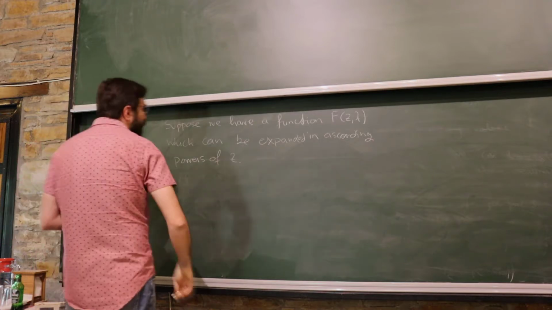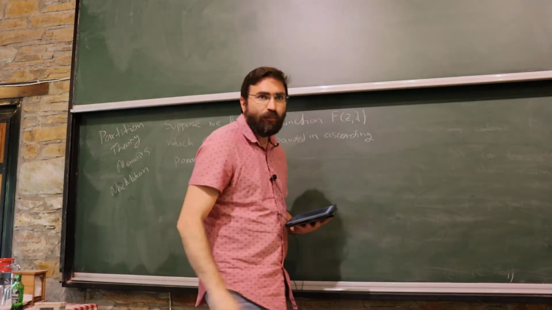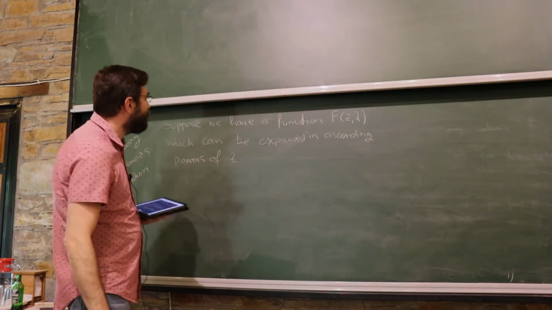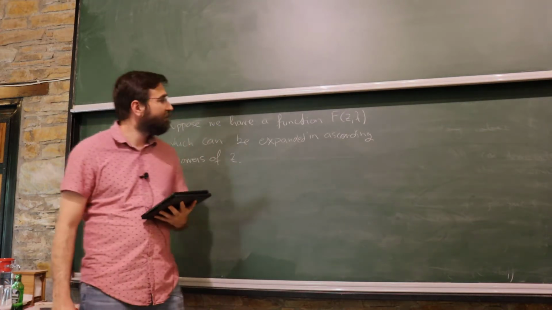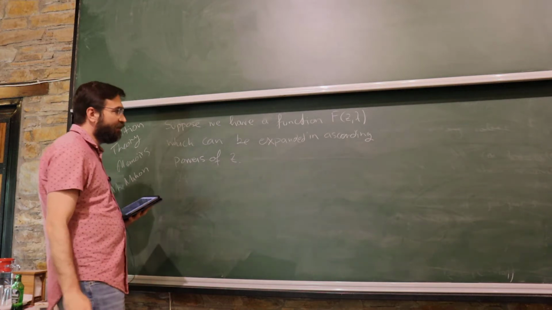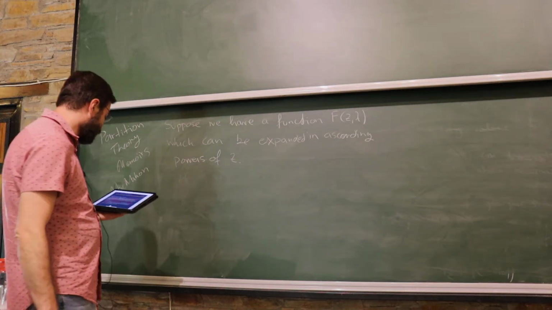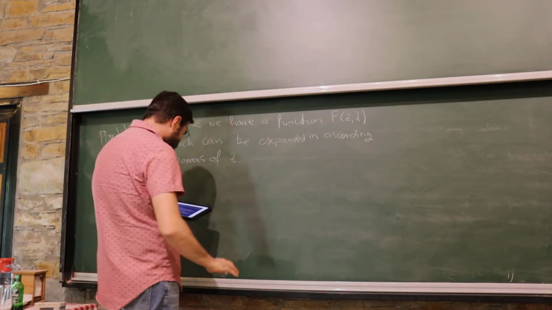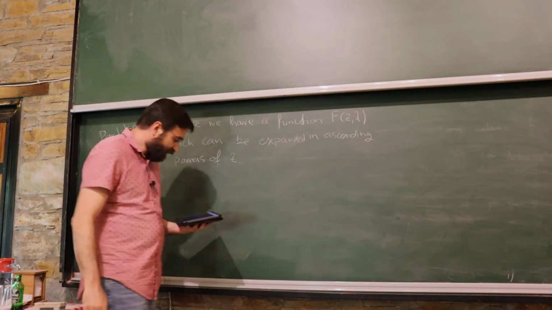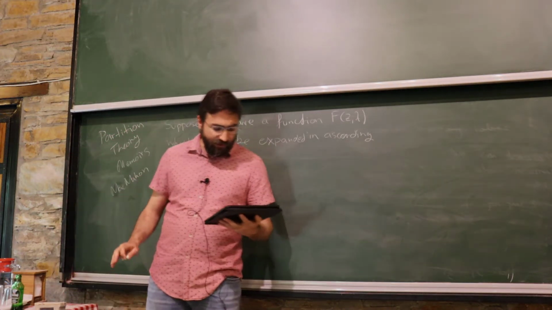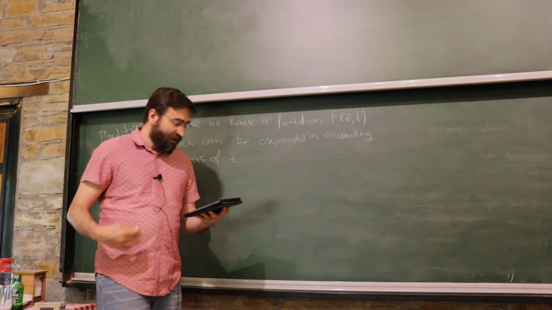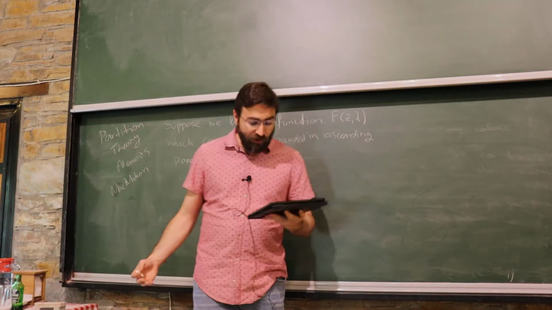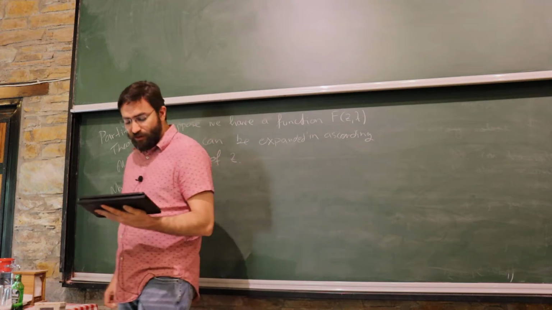So McMahon says, suppose we have a function f in two sets of variables z and lambda, which can be expanded in ascending powers of z. Such an expansion, being either finite or infinite, the coefficients of the various powers of z are functions of lambda, which in general involve both positive and negative powers of lambda.